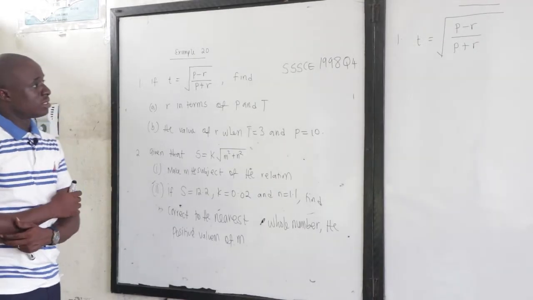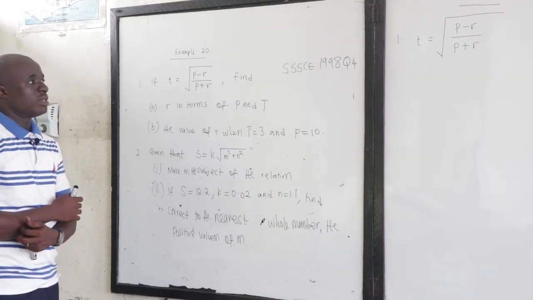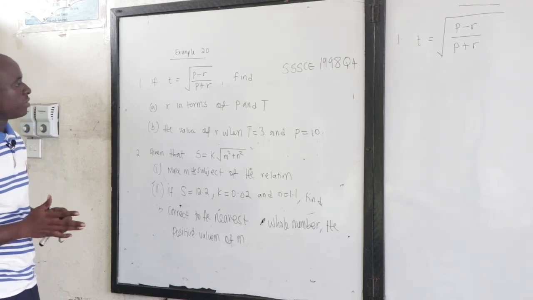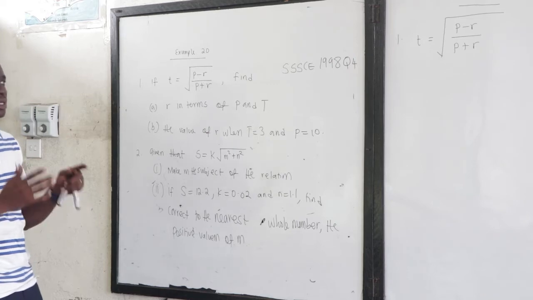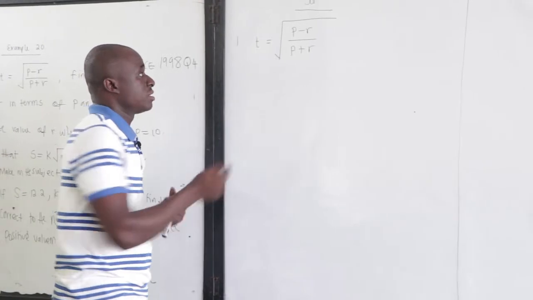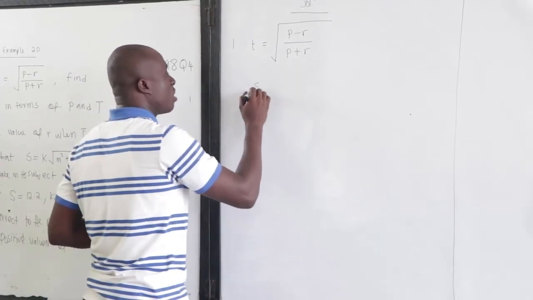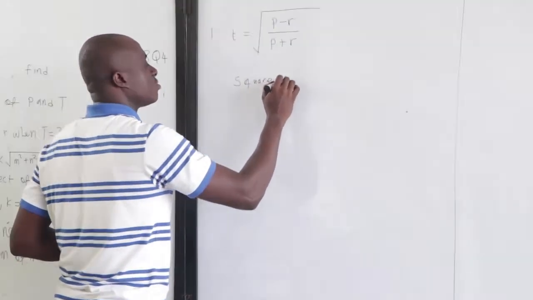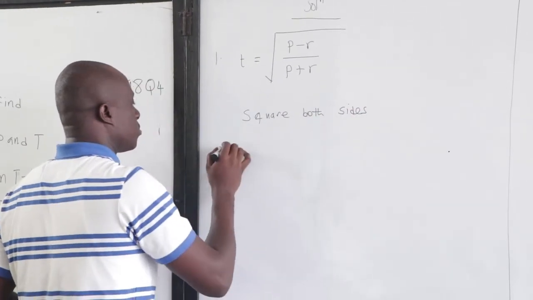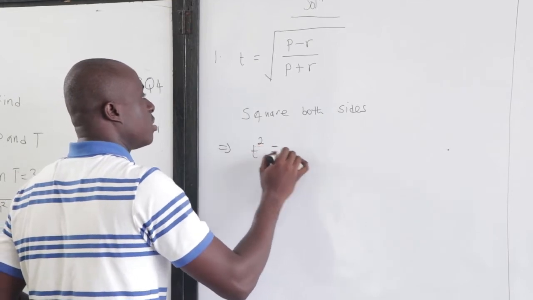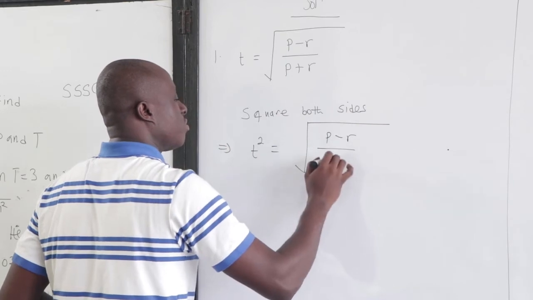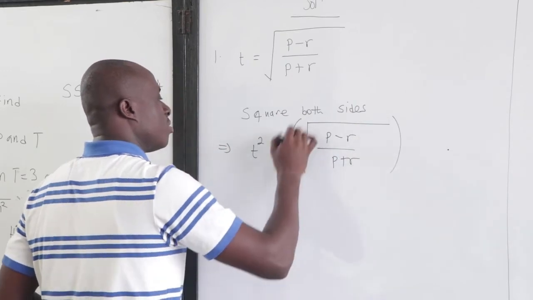Example 20, this is question 1. This is SSCE 1998, question number 4. It says that t equals the square root of p minus r over p plus r. We should find r in terms of p and t. It means that we have to make r the subject. Now what do we do? We square both sides. So we have t squared equal to p minus r over p plus r, all squared.